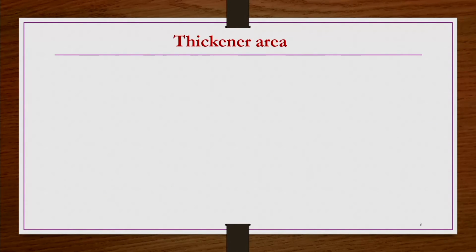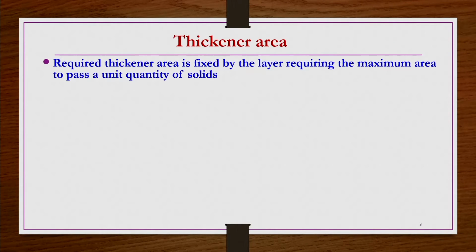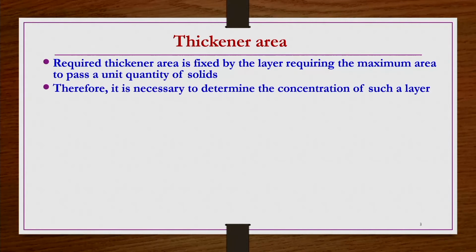So, the required thickener area is fixed by the layer requiring the maximum area to pass a unit quantity of solids. Therefore, it is necessary to determine the concentration of such a layer. So, we need to know what is Cl. Graphically we can know, and we also already know that Cl is equal to C naught Z naught by Zi, which we have already obtained.